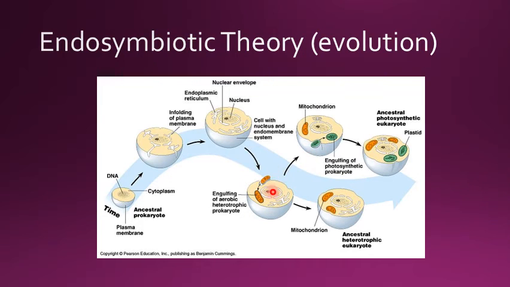One reason people believe this is true is because mitochondria has its own DNA. And why would something have its own DNA? It doesn't make much sense otherwise. It's confusing.